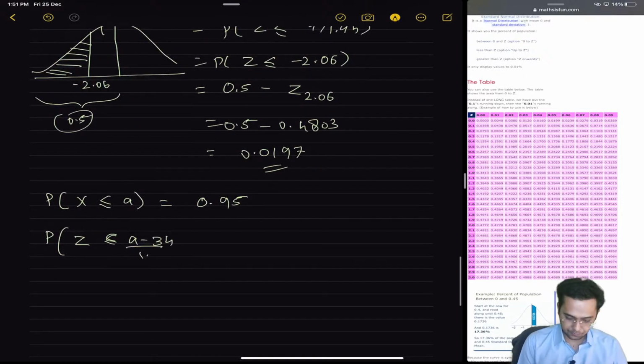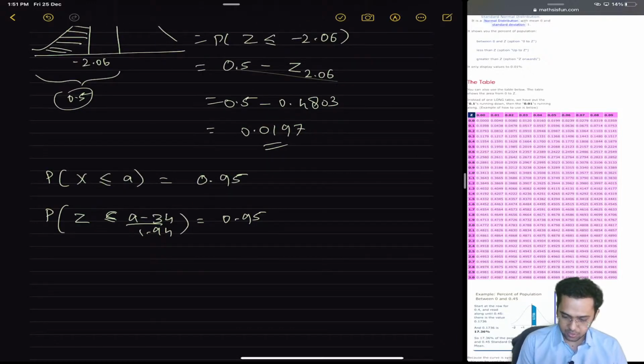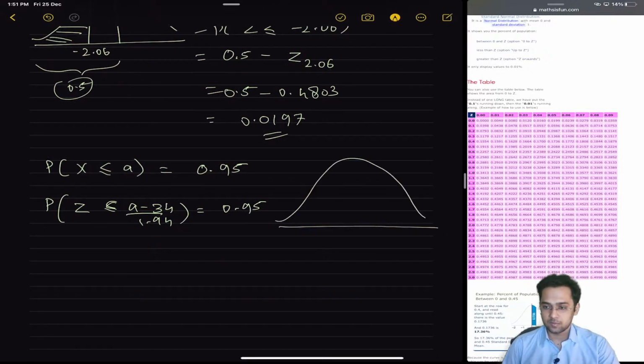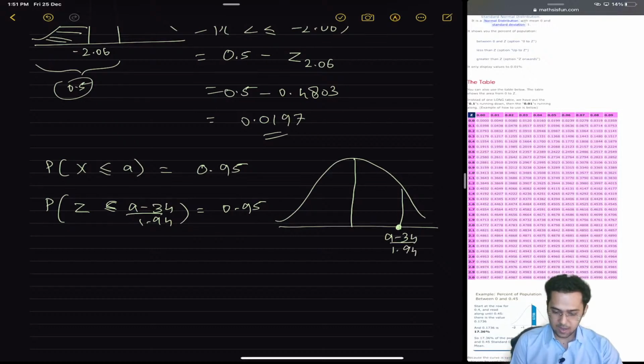So when we draw the normal distribution curve, this is our point a minus 34 upon 1.94 is plotted, and this entire region is said to be 0.95.